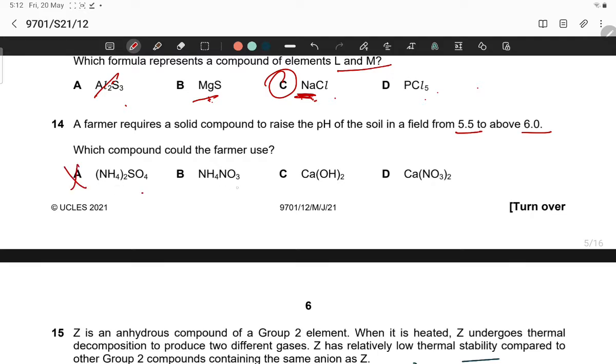Ammonium nitrate again is an acidic salt, it decreases the pH, so this is also incorrect. Calcium hydroxide is an alkaline compound which increases the pH, so compound C could be used by the farmer.